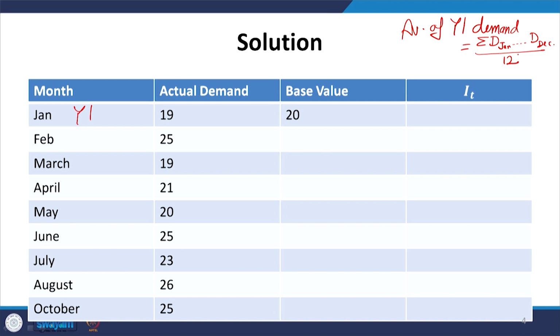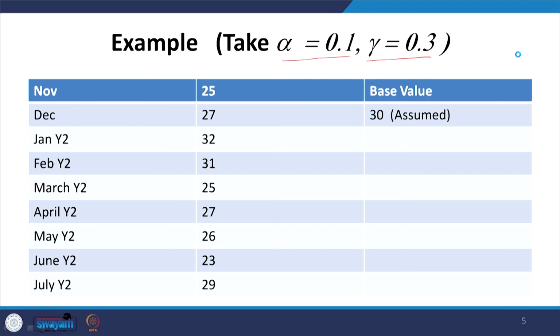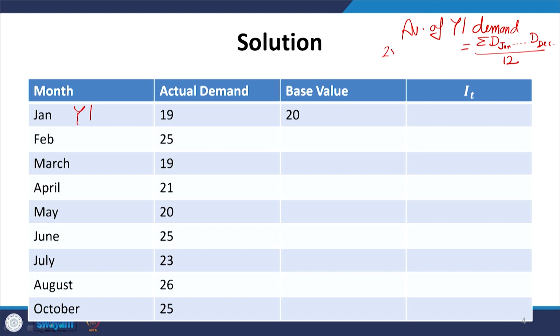Let us do this calculation. This is 19 plus 25 plus 19 plus 21 plus 20 plus 25 plus 23 plus 26 plus 25 plus 25 plus 27. So, sigma becomes 255, divided by 12. So, the average demand becomes 21.25.